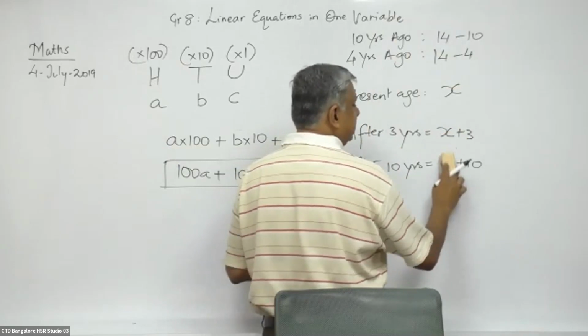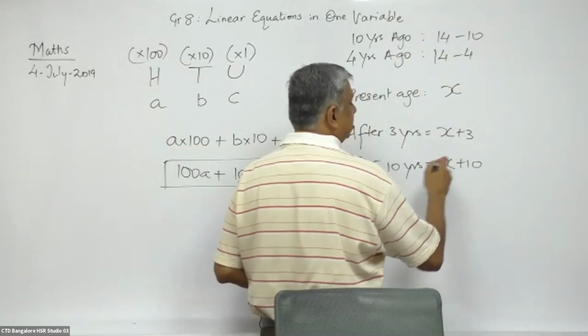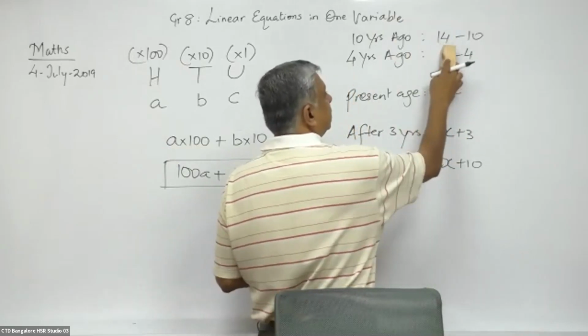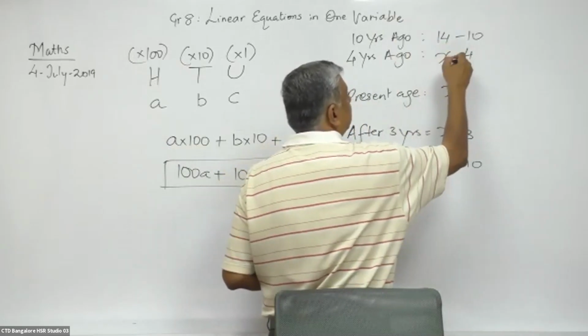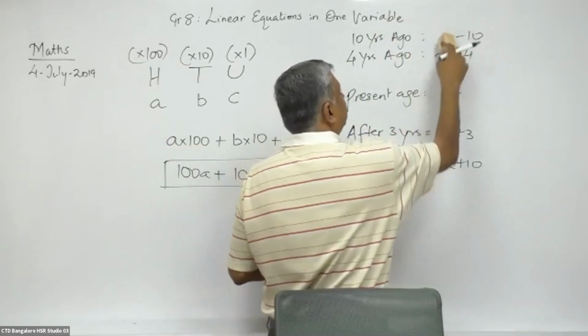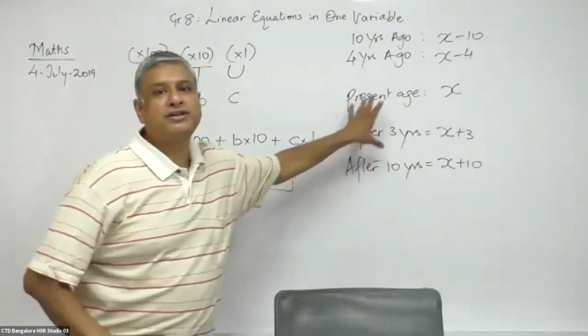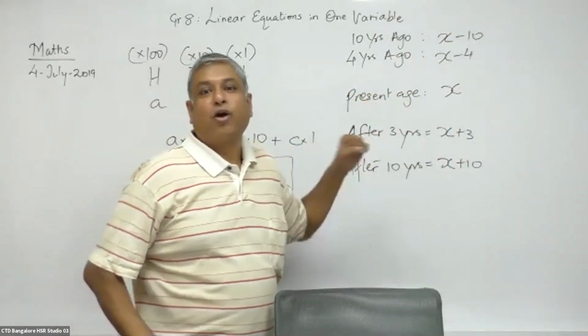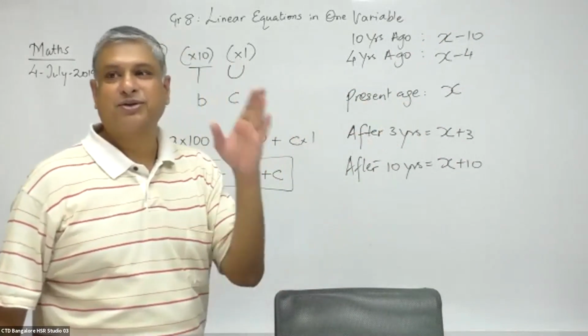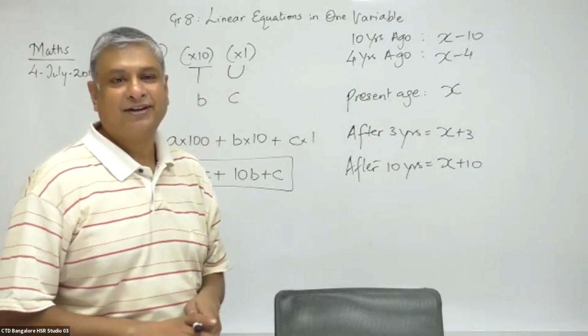Age after 10 years will be x plus 10. Your age 4 years ago was x minus 4. And your age 10 years ago was x minus 10. If you understand this, all the age-related questions you can solve. I guarantee you that. Okay?